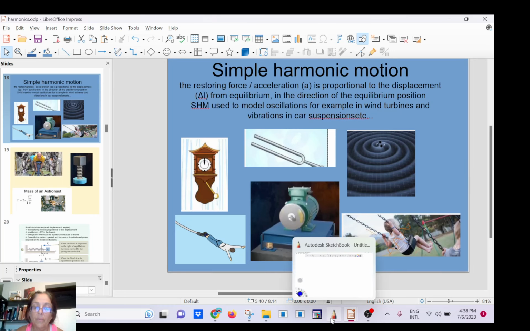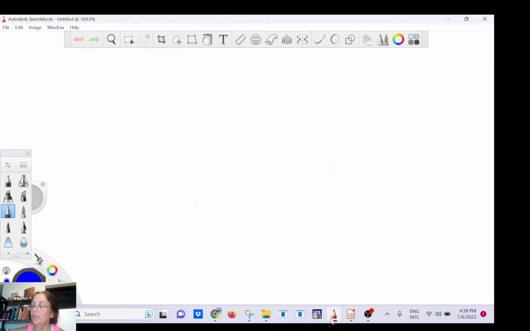Okay, so if you think of that object only being acted upon by the restoring force, you have F net equals the mass, let's say the mass of a load on a spring, times acceleration.